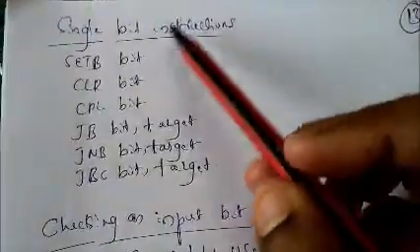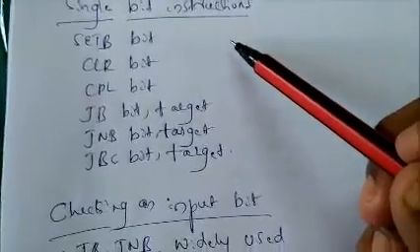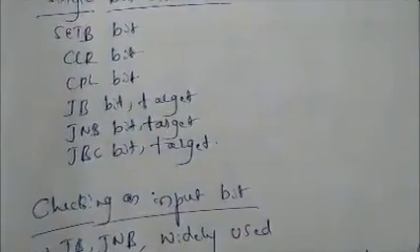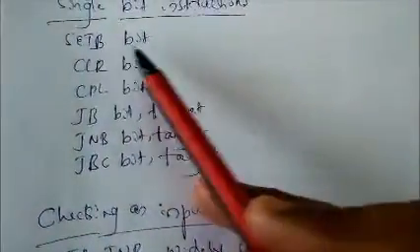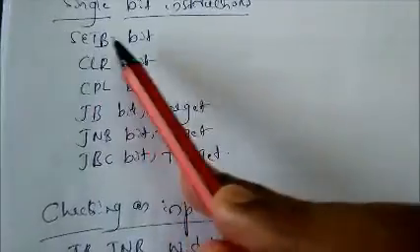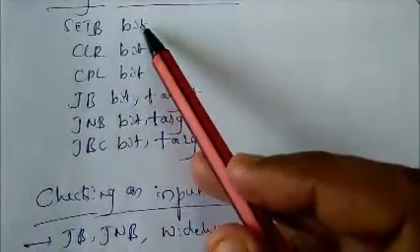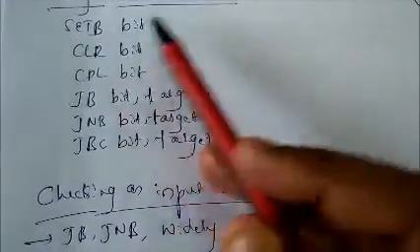Next one, this is the single bit instruction. As the name indicates, if you want to perform single bit operations, at that time you are going to use some instructions, that is SETB. Set bit means if you want to make any particular port bit logically 1, at that time we use SETB. Is it clear?